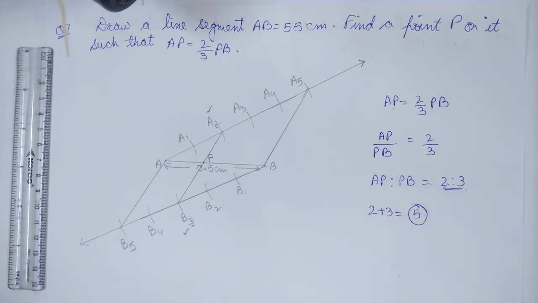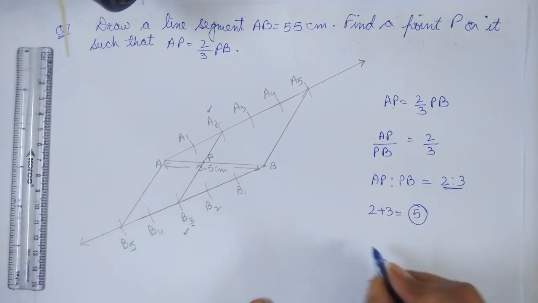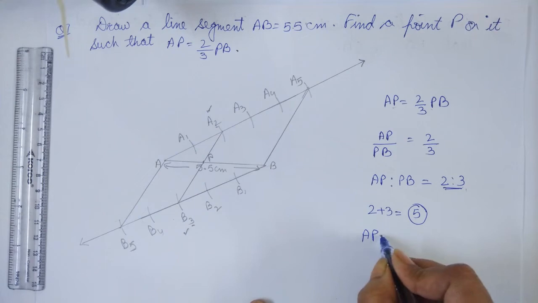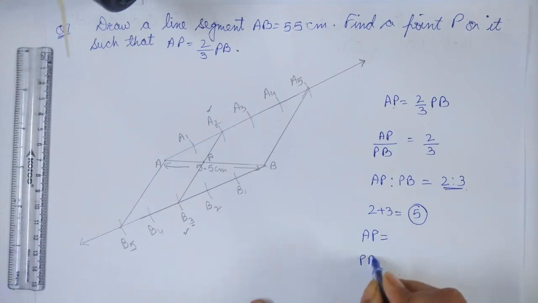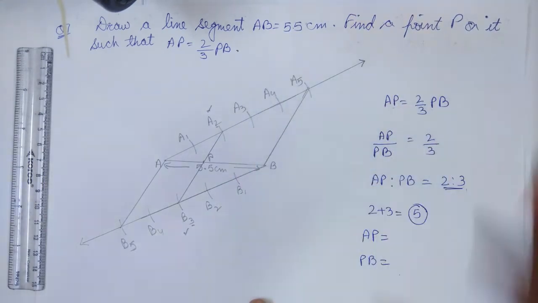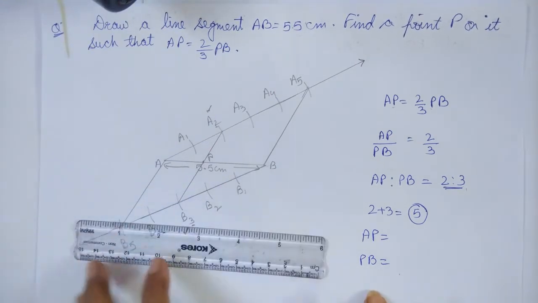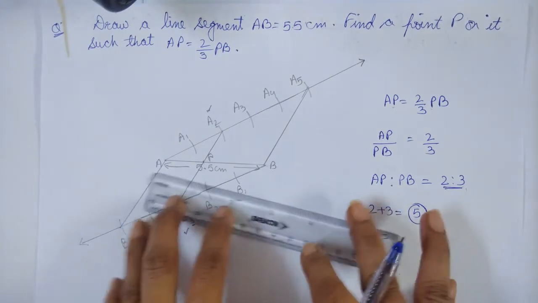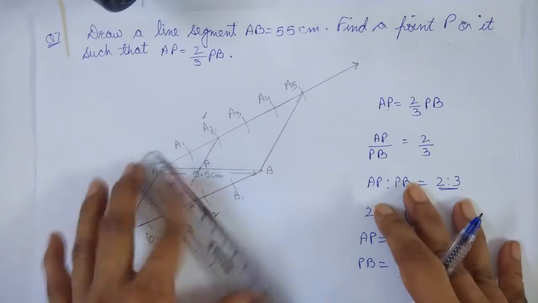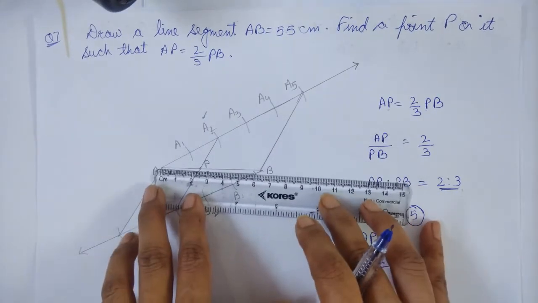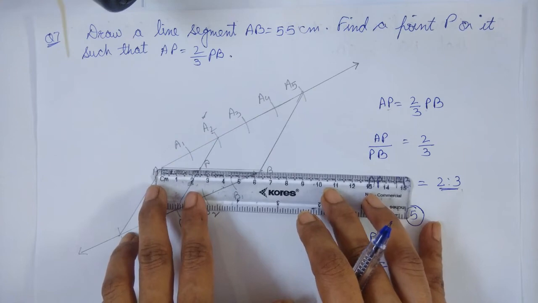But if they ask to find AP and PB, then you can find it from here, but they haven't asked it. But if it is asked, then you can find out AP. Let's see how much it will come as.